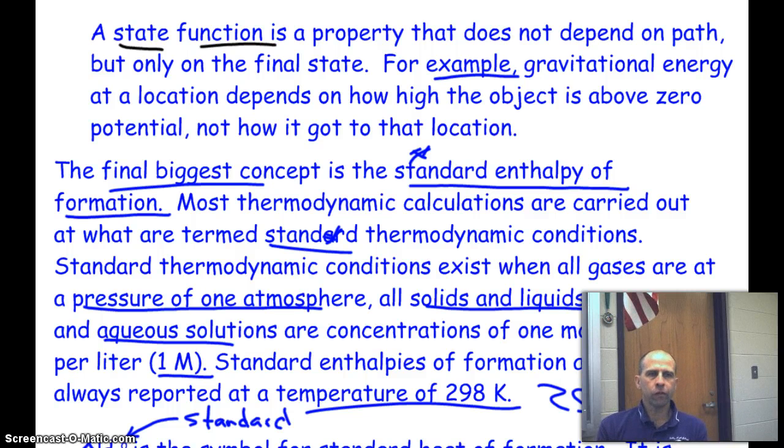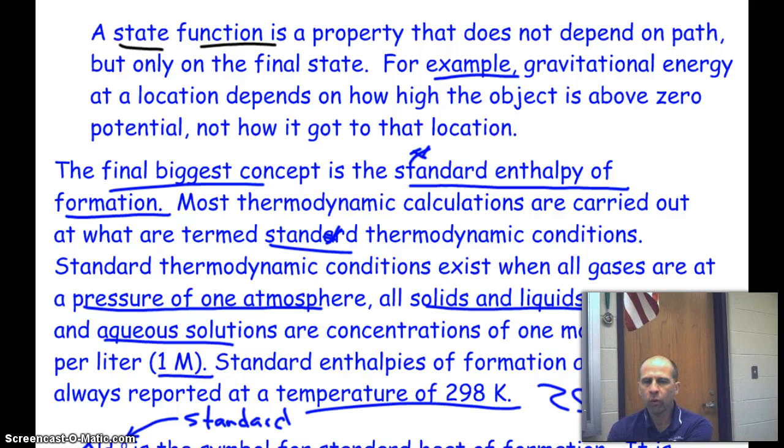And this is a huge thing. One of the biggest concepts that we're going to look at here involves things like standard values. Standard enthalpy of formation is a big one that I'll get into. I'm going to come back to it in a minute. But a lot of thermodynamic calculations are carried out based on standard conditions. Like if gases are at 1 atmosphere, solids and liquids are pure, aqueous solutions are 1 mole of solute per liter, which is that 1 molar number.